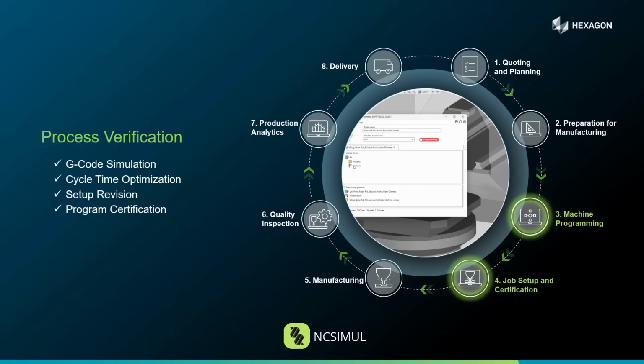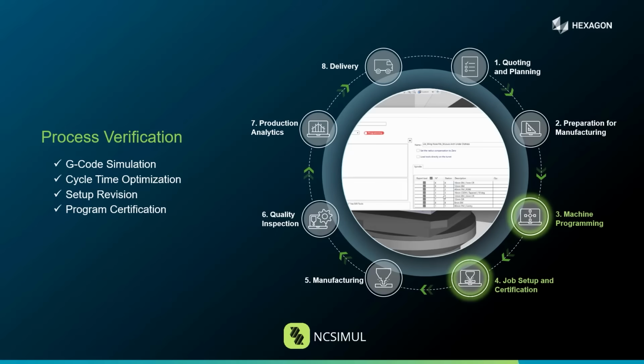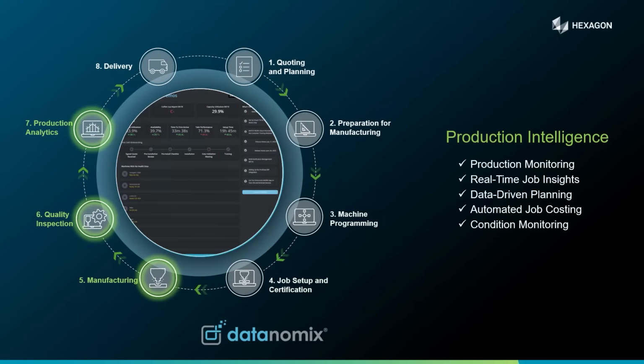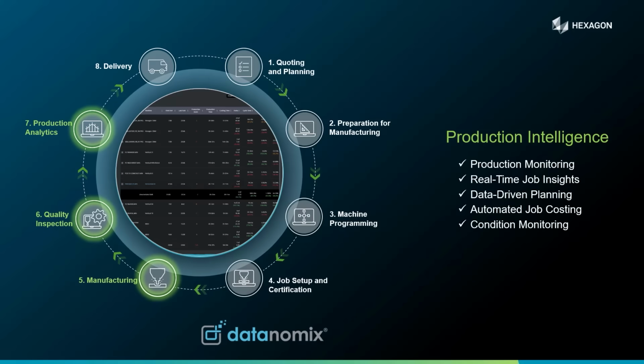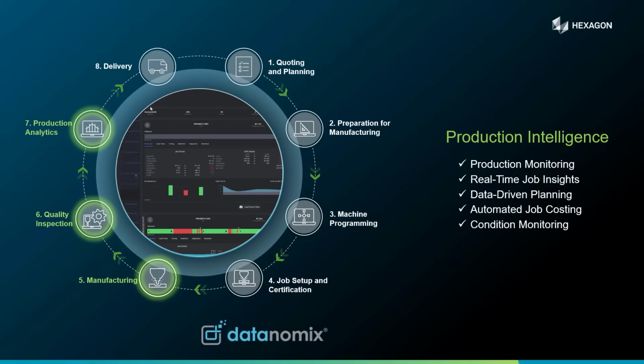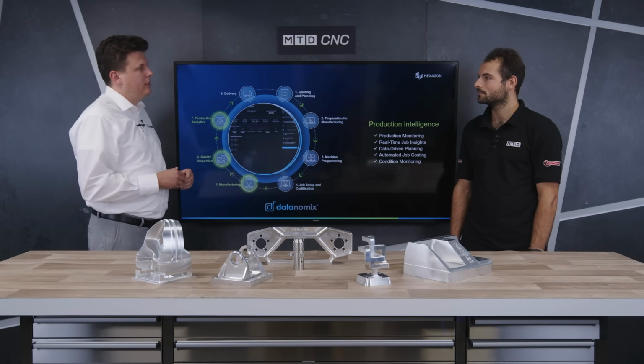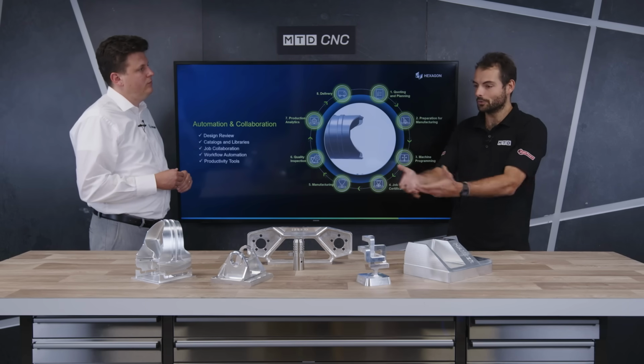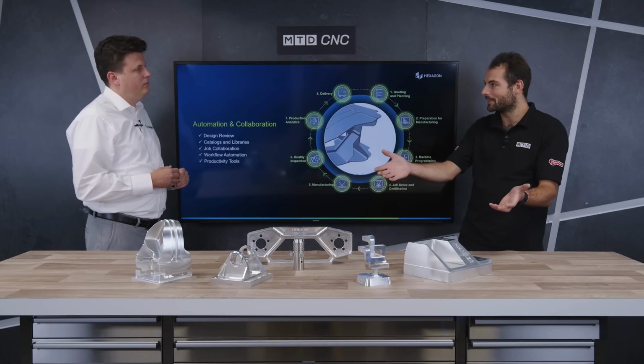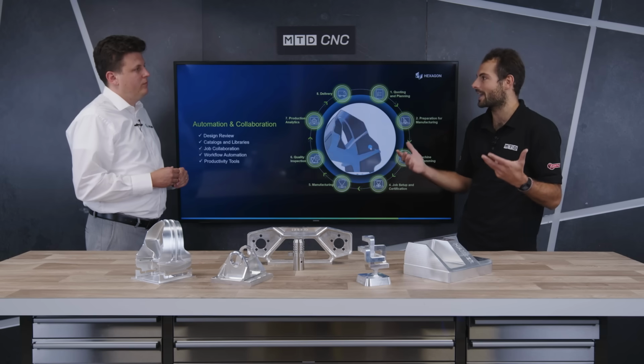And Datanomix for CNC machine monitoring, to make sure you understand what happened yesterday night on the shop floor, what's happening today live on the shop floor, and also to use it for quote calibration on historical data.